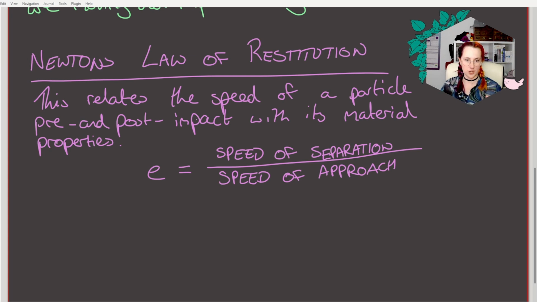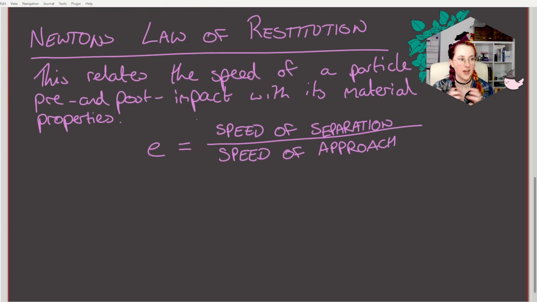So you have two objects, or one object hitting another object if one is stationary, but two things involved in a collision. You take their speeds as they approach the collision, and then their speeds after the collision. And it's essentially a fraction of that initial, had they never collided, amount.